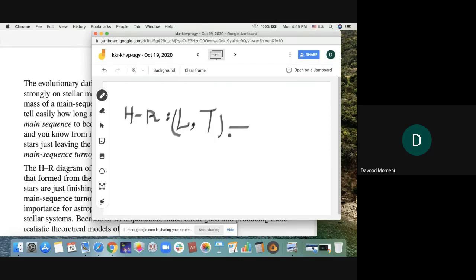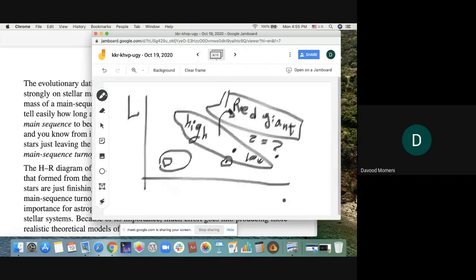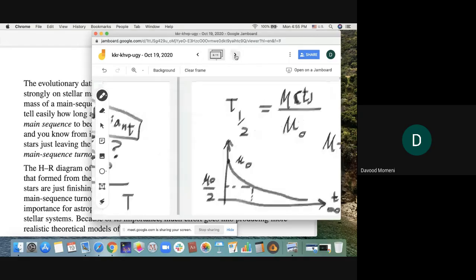And then you can estimate the mass of that object and the location of the star. You remember the Hertzsprung-Russell diagram which I showed you here. It's not the best one, but it's just by hand.